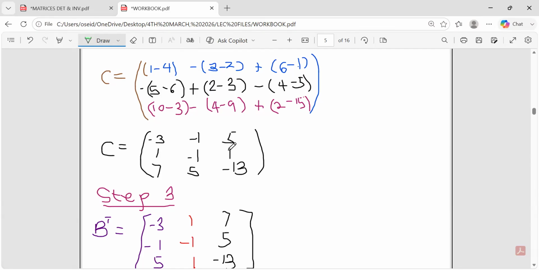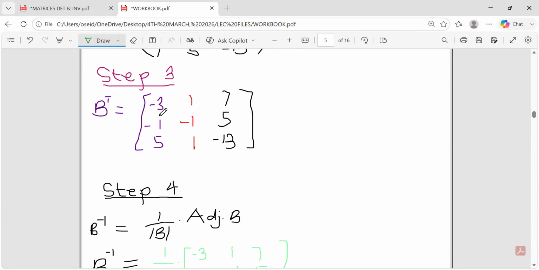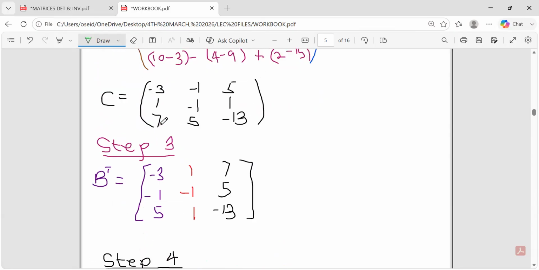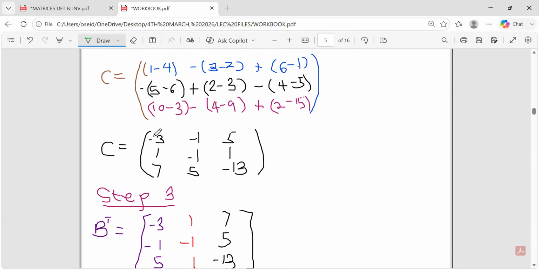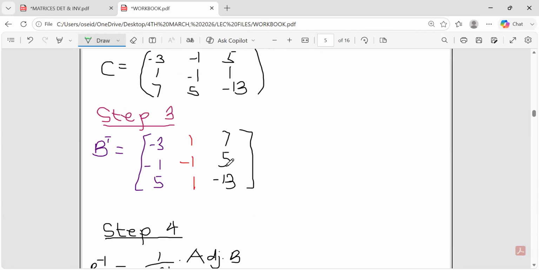Our first column after transposition is negative 3, negative 1, 5, which was at the beginning the first row. And the second column is 1, negative 1, 1, which was the second row of the cofactor. Then 7, 5, negative 13, which was the third row of the cofactor, is now the third column after transposition.